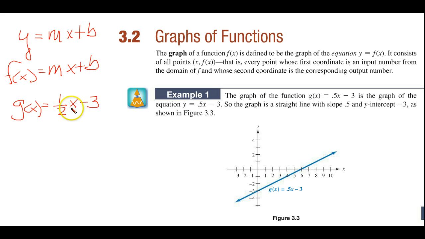If we were going to graph this, we would graph the y-intercept, which is a -3, and we would go over 2, up 1, over 2, up 1, over 2, up 1, and we would get, we only need 2 points to make a line, but we would get the graph of this function.